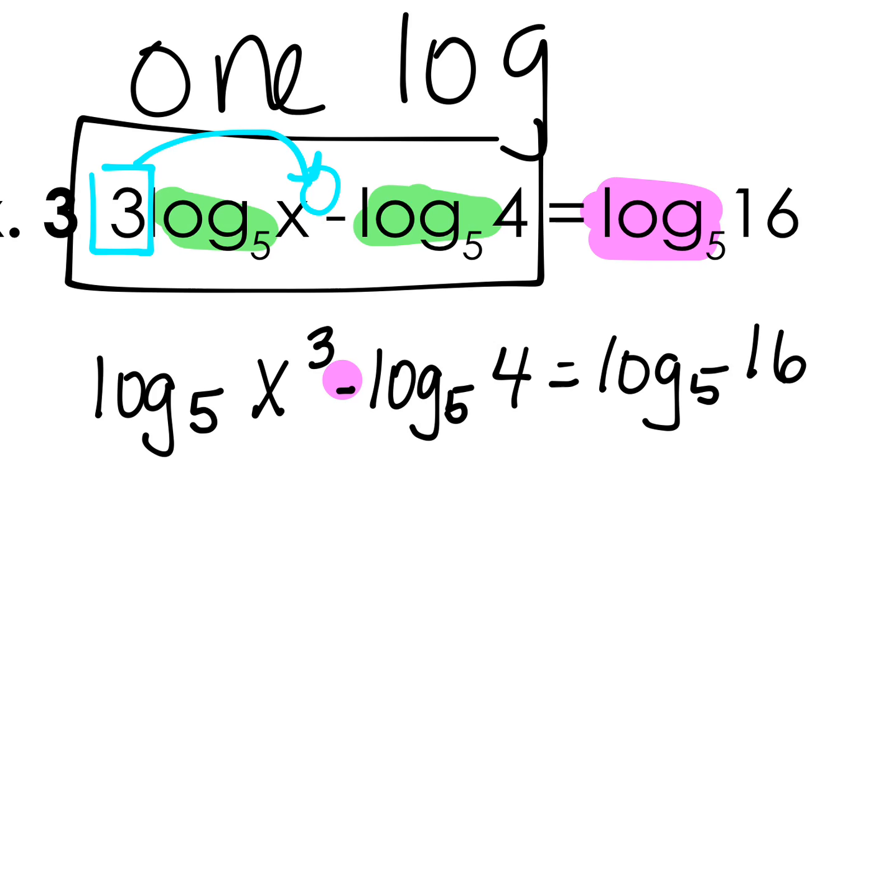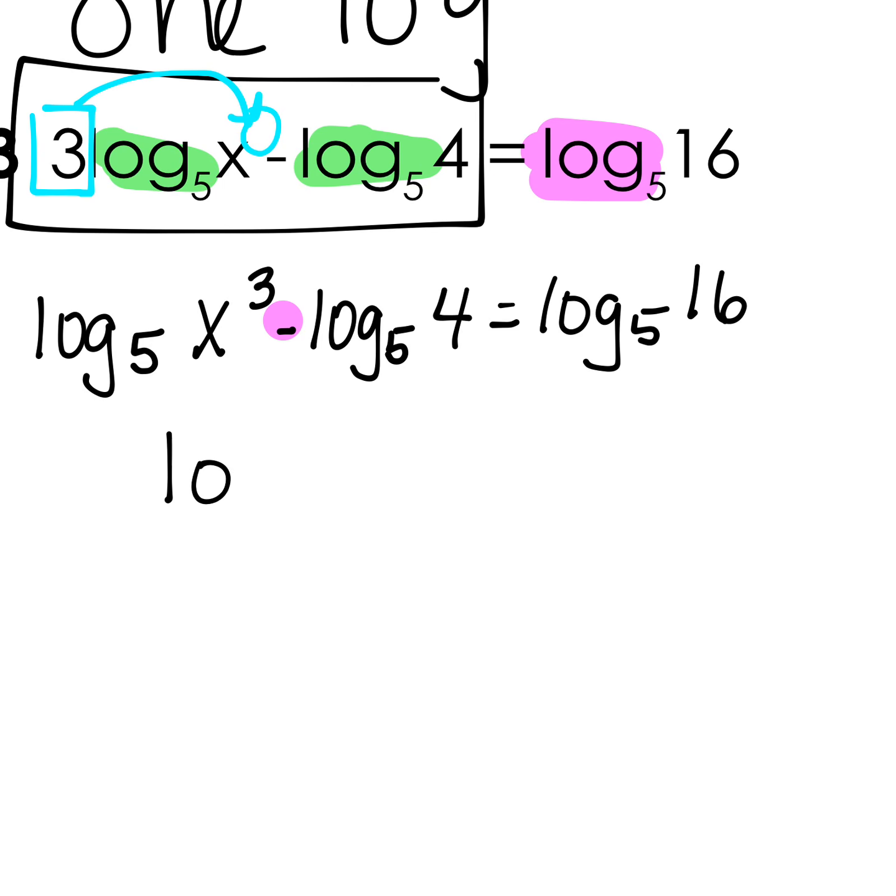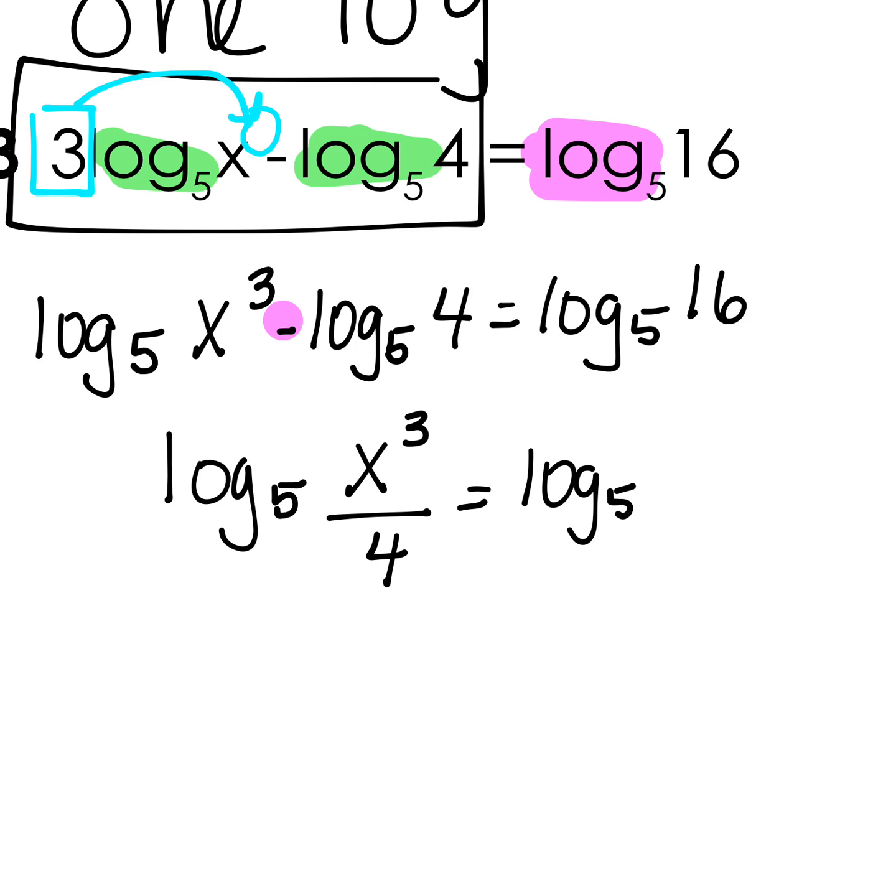So to condense this, we're going to say log base 5 of the first number is going to be your numerator, so x to the third over 4. Now remember, notice that my log's not extending over to that log base 5. It is just x to the third over 4 is equal to log base 5 of 16.